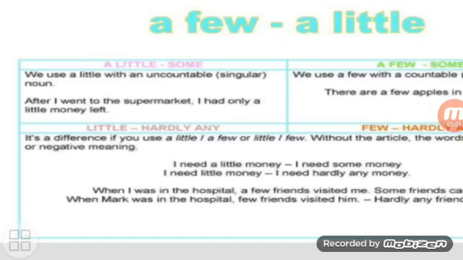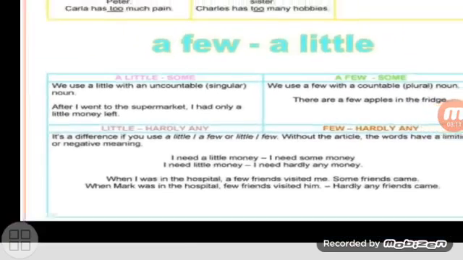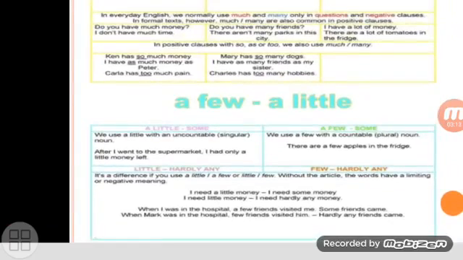Or I need little money means I need hardly any money. In the same way, we may use few or a few, but in this case, we use them with plural countable nouns.